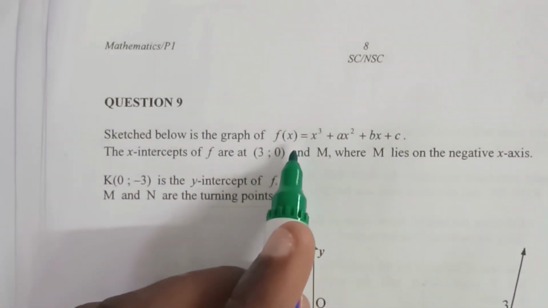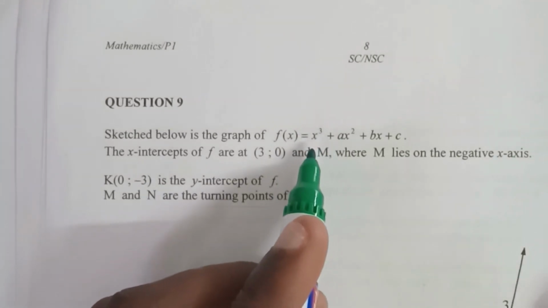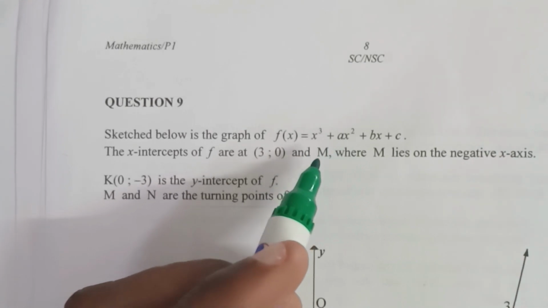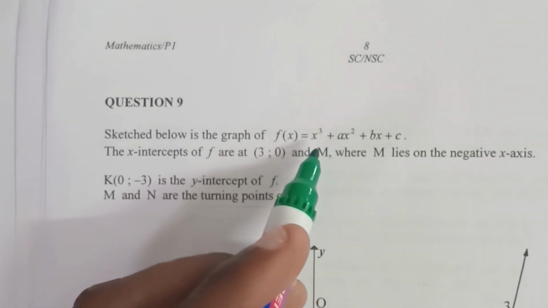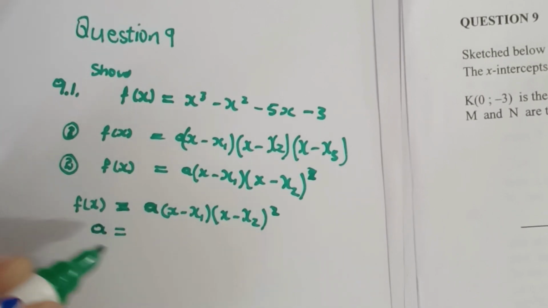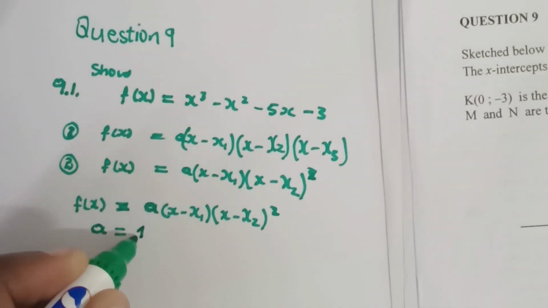In the statement above, they said f of x is equal to x cubed. So it means that here a is equal to positive 1.